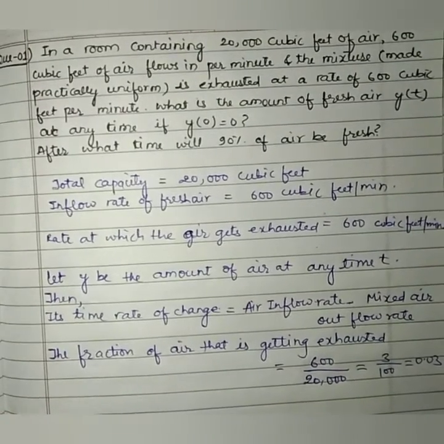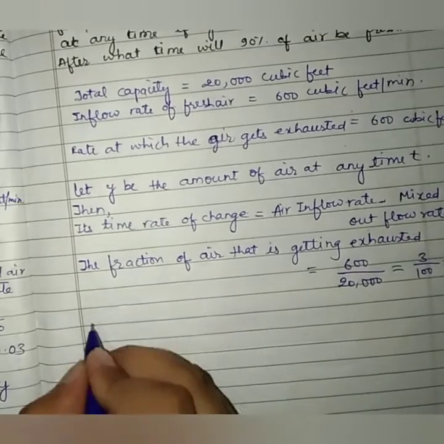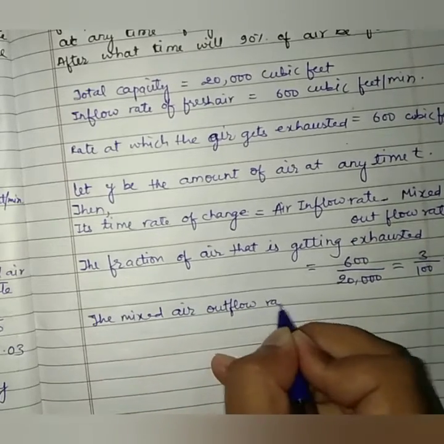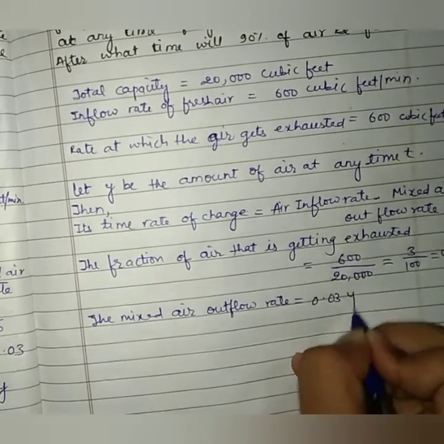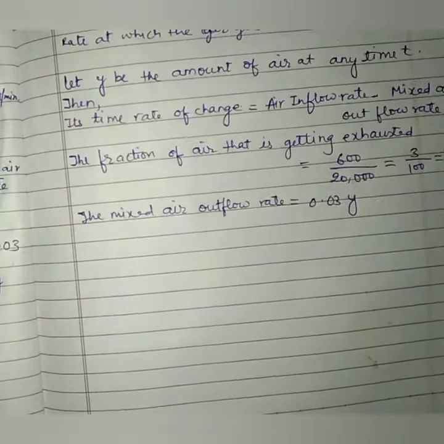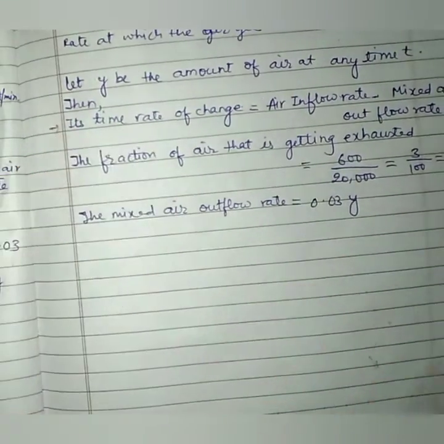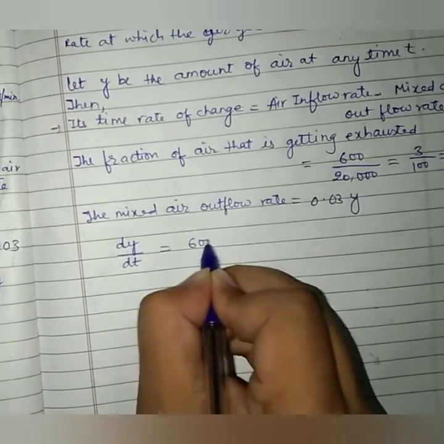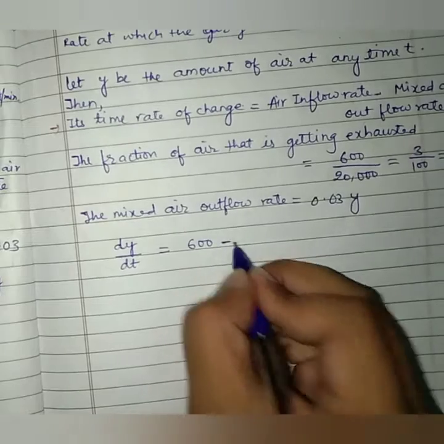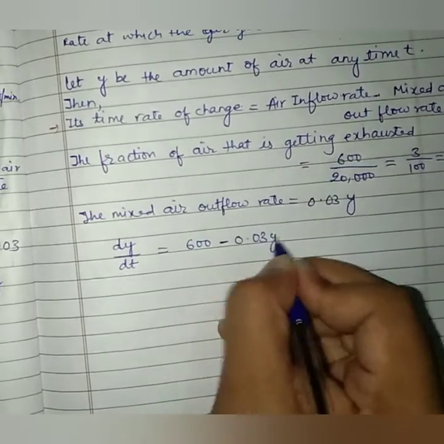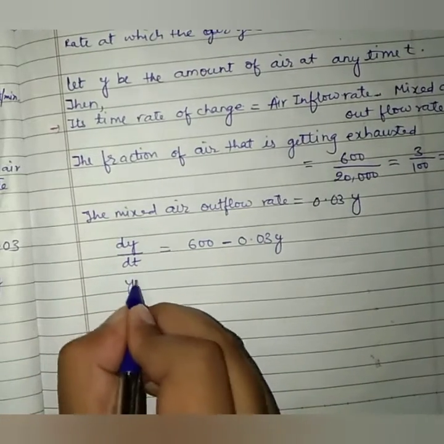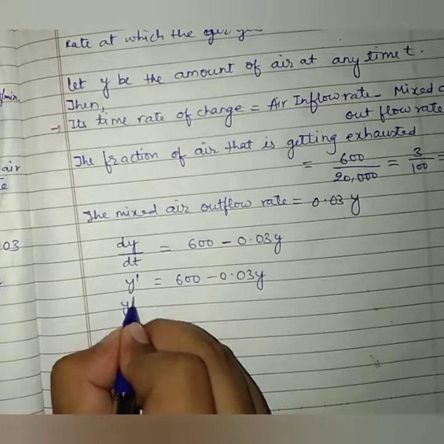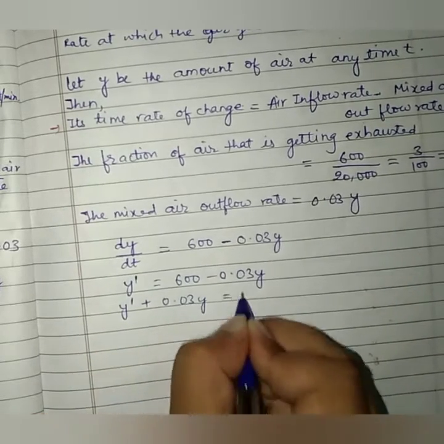Now the mixed air outflow rate will come out to be 0.03 times Y. Coming to the equation, the time rate of change dy by dt equals air inflow rate 600 minus mixed air outflow rate 0.03 Y. So y prime equals 600 minus 0.03 Y. When we rearrange this equation, we get y prime plus 0.03 Y equals 600.